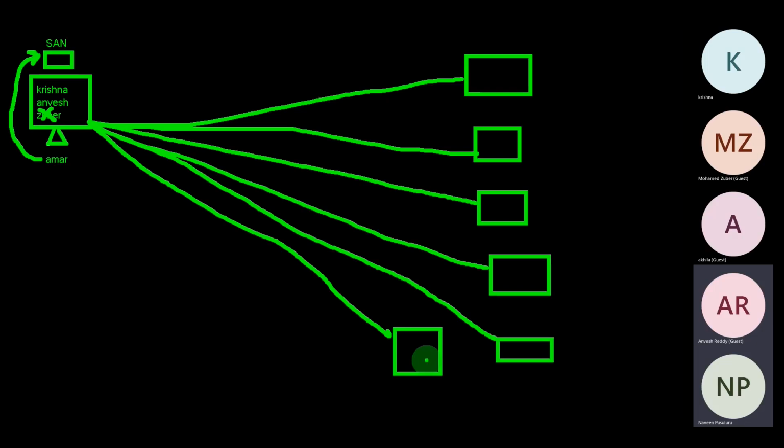Once I add the group, when any person joins, I don't need to add the person individually to all 1,000 clusters. Instead, I'll add him to the group in Active Directory so that he'll get access to all 1,000 clusters. When anyone leaves the organization, I'll remove him from the group. So that is a simple procedure, right? This is how we normally do it in real time.